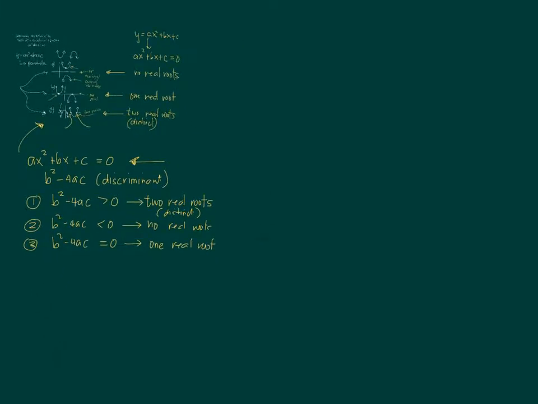Okay, so suppose we have, let's say, an example. Let's make this a quadratic equation: 2x squared plus 3x plus 5 is equal to 0.